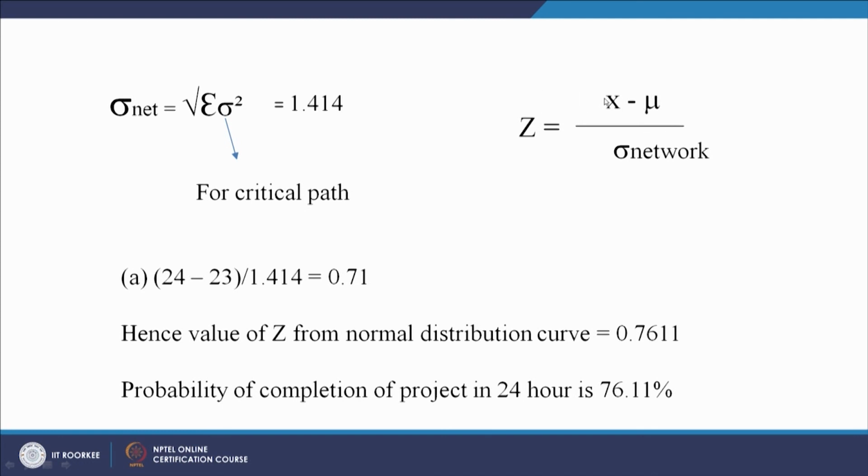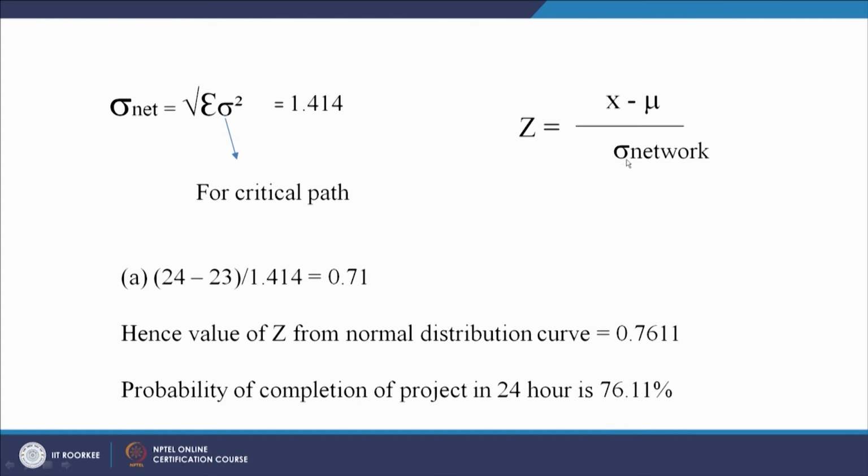X is what is given in the problem statement, whether it is 24 or 22 or 28 hours or 30 hours. Whatever is given to us for which we want to check the probability, X is going to give us that value. Mu is what we have calculated from the network, and sigma is the standard deviation of the network.